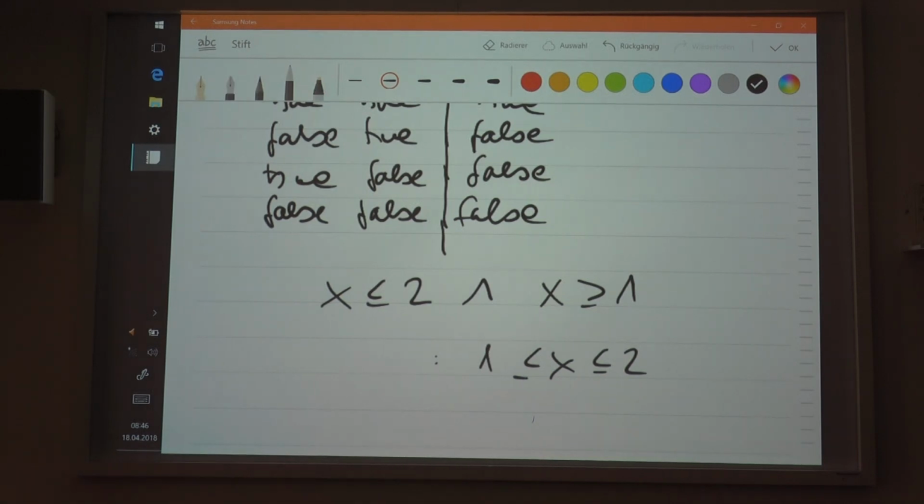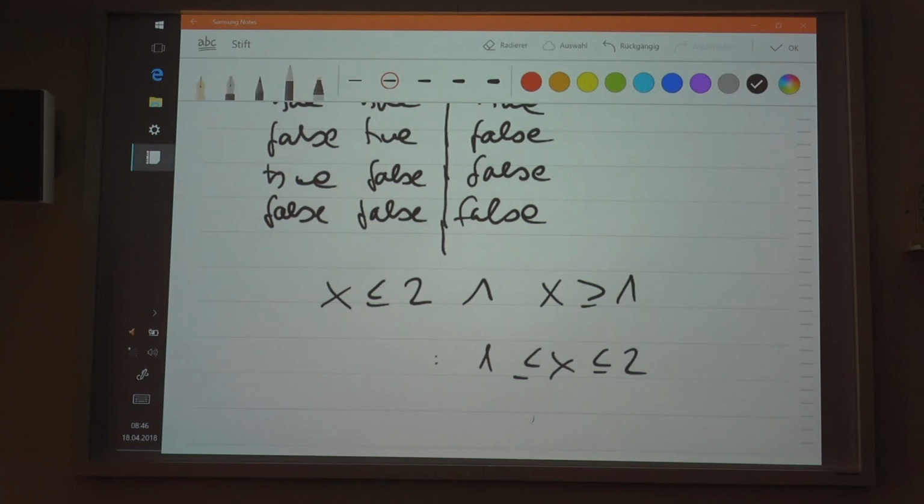So this is equivalent in that case. I'm going to define what equivalency means, but this is actually the same thing. You understand?